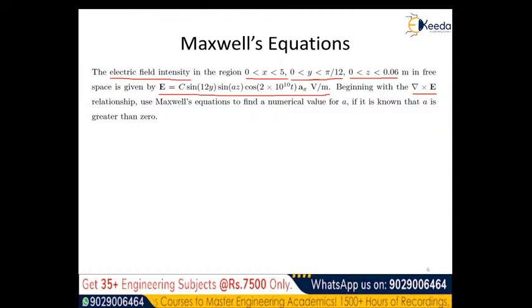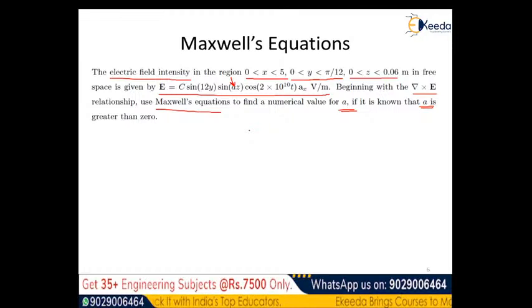So beginning with this Maxwell's equation, we have to find the numerical value of small a. Small a is in the expression of capital E, the electric field intensity, with the consideration that small a is greater than 0, so it is positive.